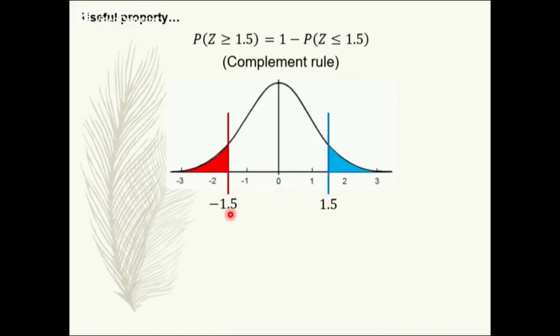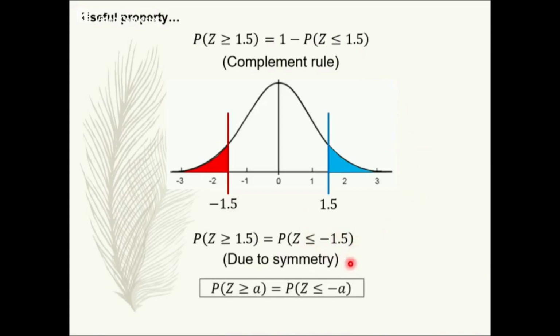So this leads us to another way of finding a probability. If I ask you to find the probability that Z is greater than or equal to 1.5, it's exactly the same as the probability of Z being less than or equal to minus 1.5. And you have tables for negative values of Z. So instead of using the complement rule and finding this difference, you can read the value off the table directly.